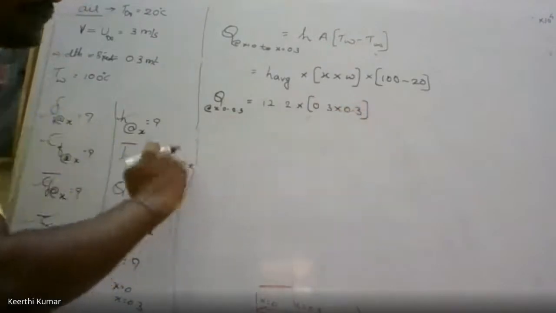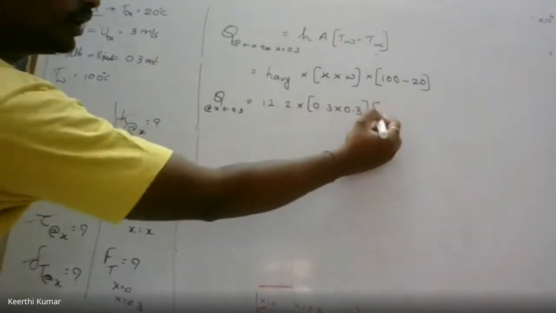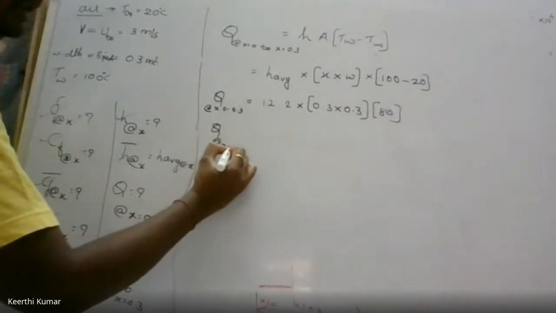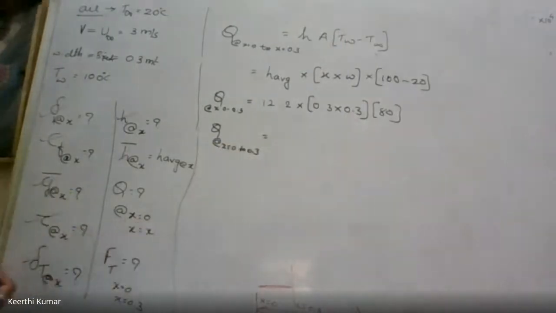That means the plate is cut at a distance of 0.3 and the width is also 0.3, and this is 80. What is Q at x is equal to 0 to 0.3? Any answer?